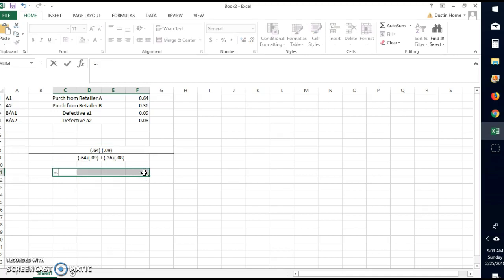Equals 0.64 times 0.09, divided by the bottom, which would be 0.64 times 0.09 plus 0.36 times 0.08.